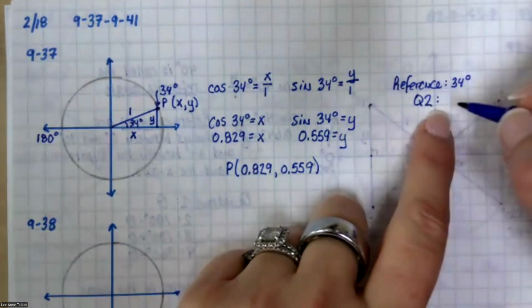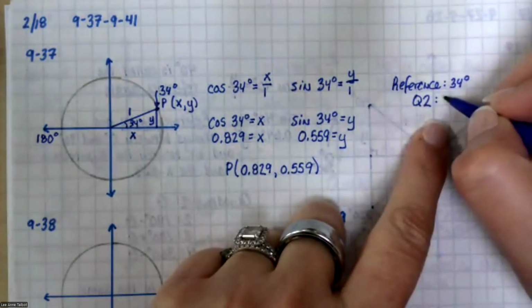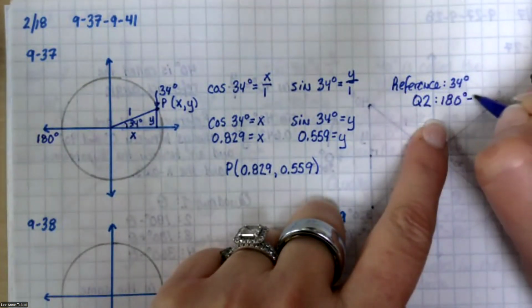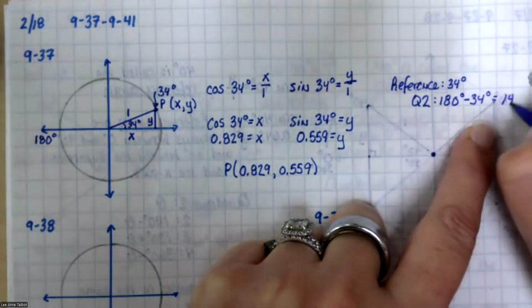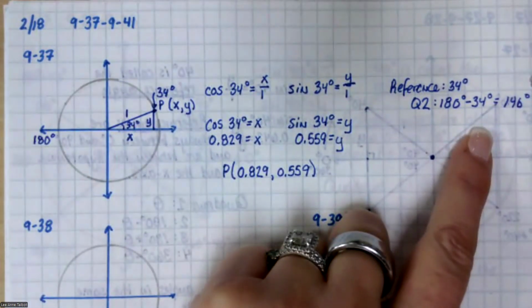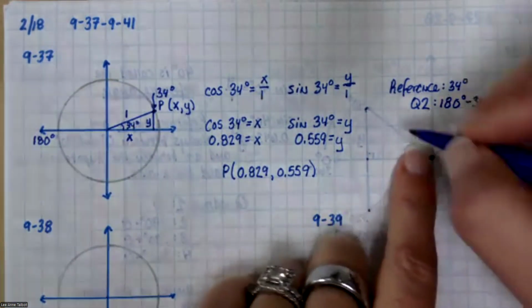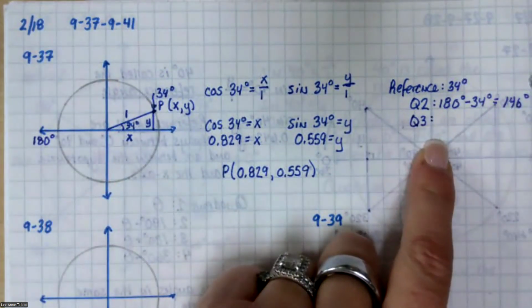You weren't even here. 146. Okay, what about quadrant 3? Oh, close.